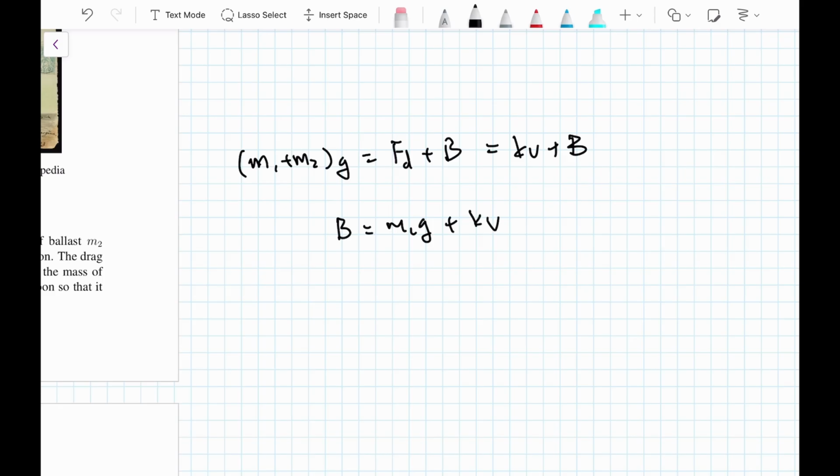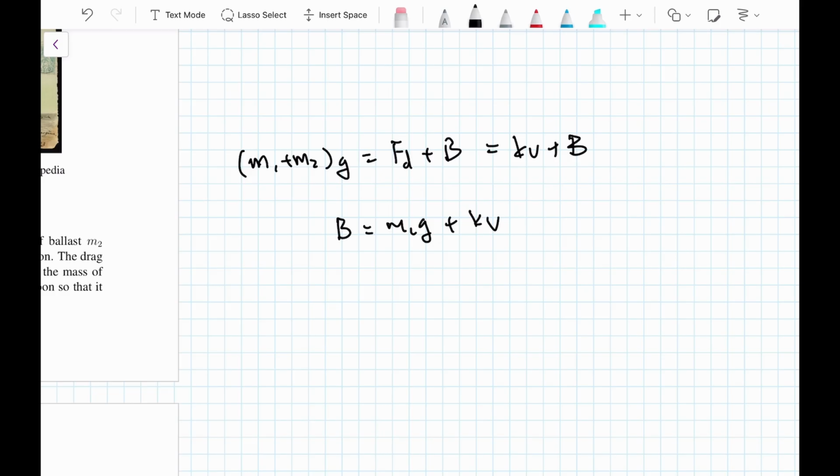So I think what you can do is subtract one equation from another to isolate m2, but there will still be some variables present. So let's try this.